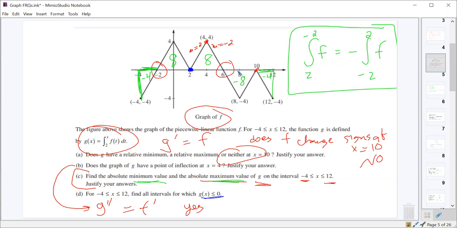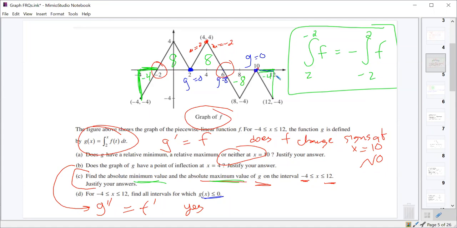All of these values between 6 and 10 are still positive, aren't they? Because I'm putting in negative pieces, but it takes the full space between 6 and 10 to get back down to equaling 0 again. G equals 0 here, then it equals 8 here. By the time we get here, it's back to 0. But g was still positive all the way from 6 to 10. You all agree with that?